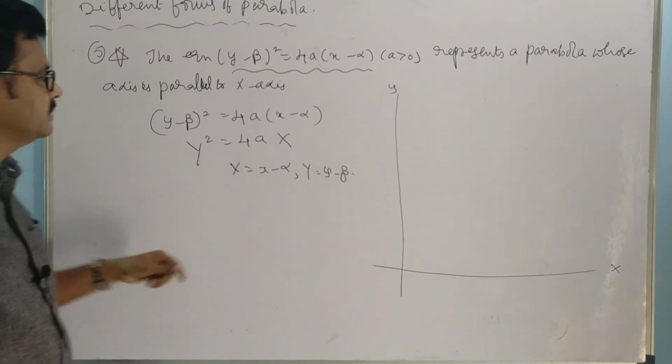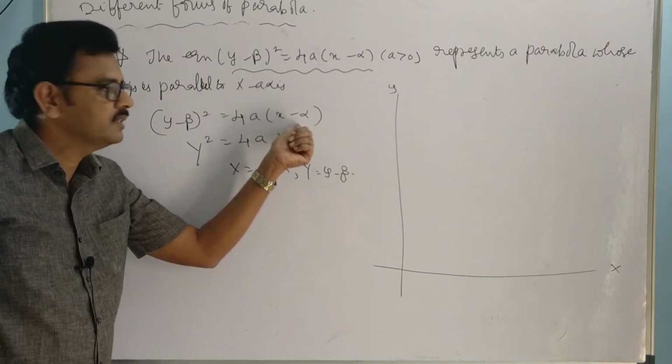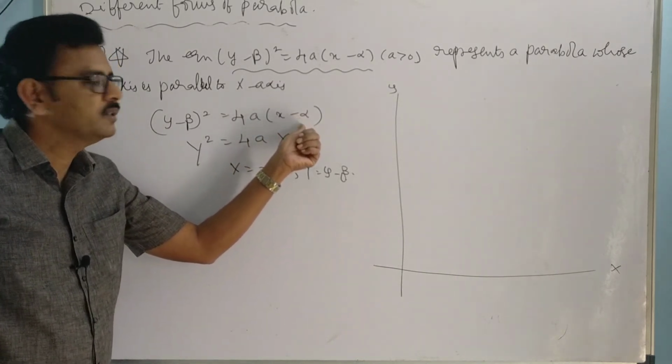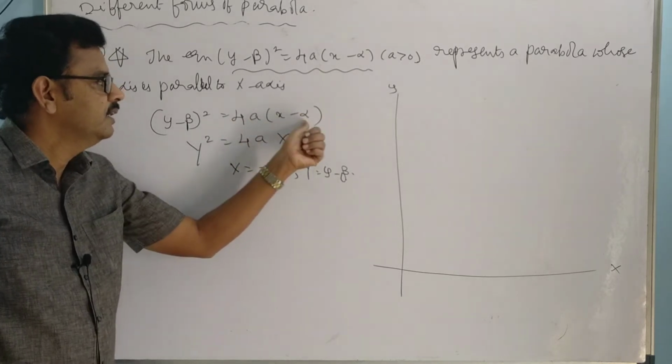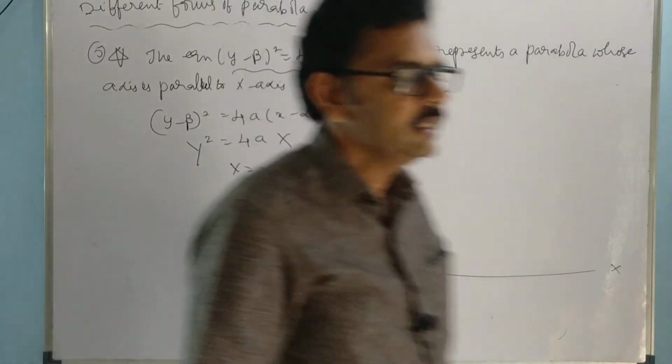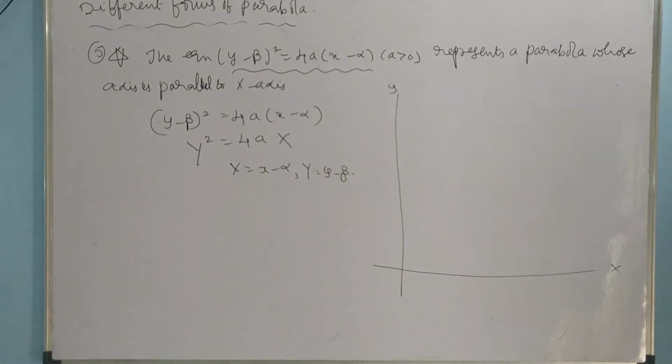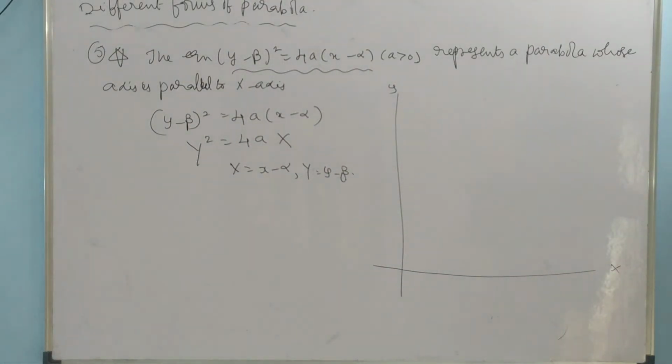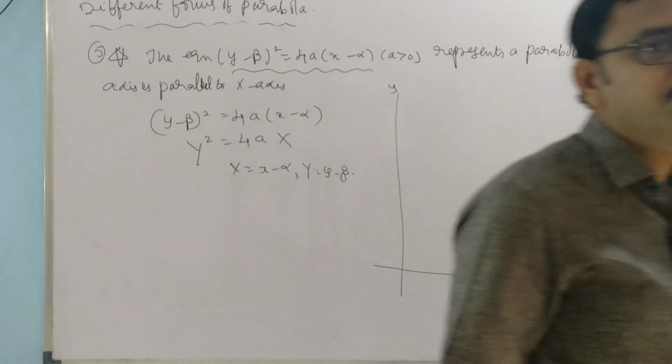That means without changing the direction of axis, shift the origin to the point alpha comma beta.